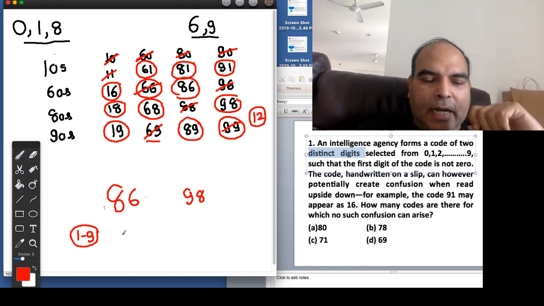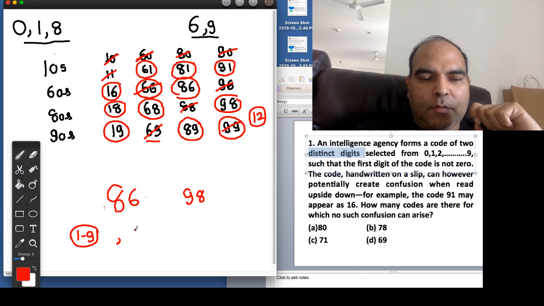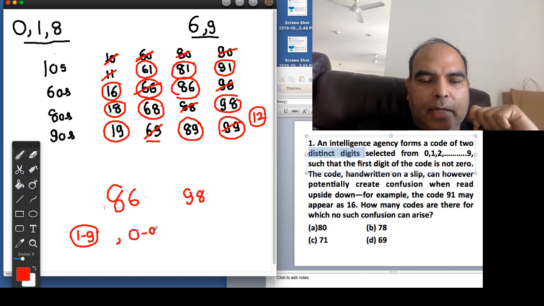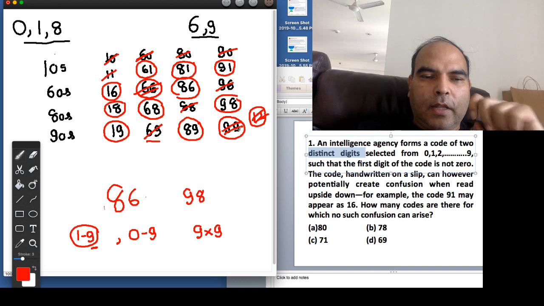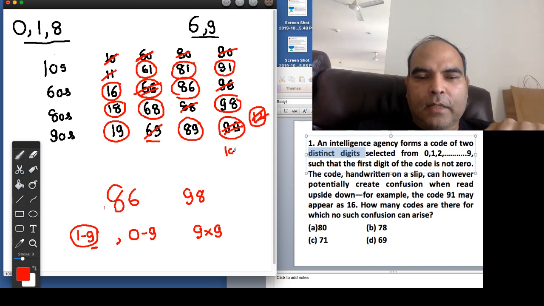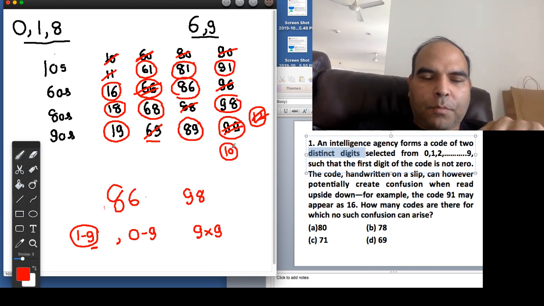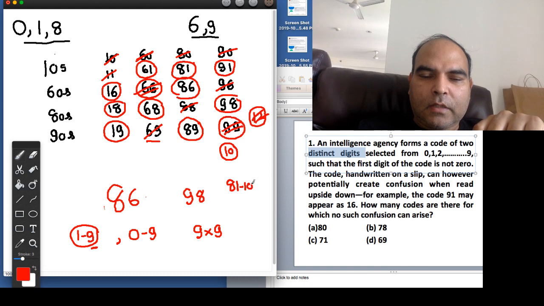And the second digit can be anything from 0 to 9 except the number used in the first digit. So there are a total of 9 into 9, 81 numbers with distinct digits. And from there, we have to remove the 66 and 99 pair also. So actually there are 10 numbers like this which are going to cause a problem out of the 81 numbers. And hence the correct answer is 81 minus 10, which is 71.